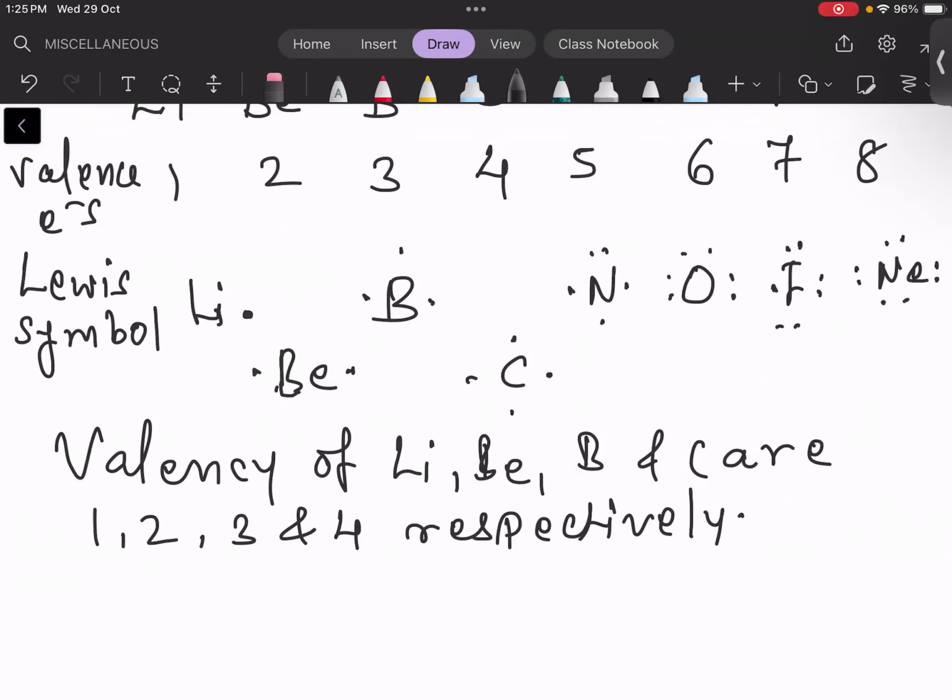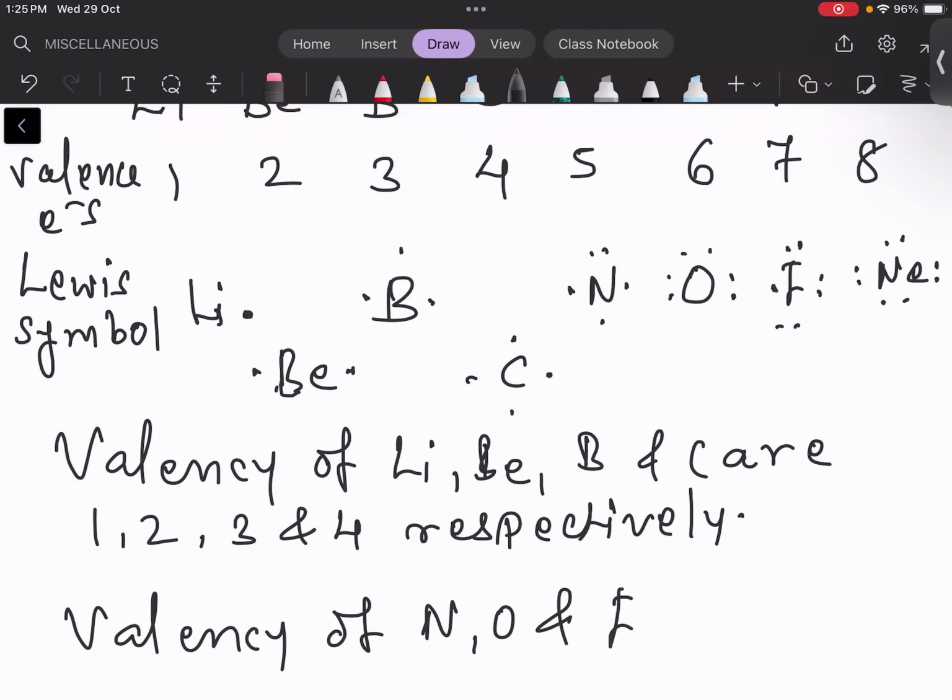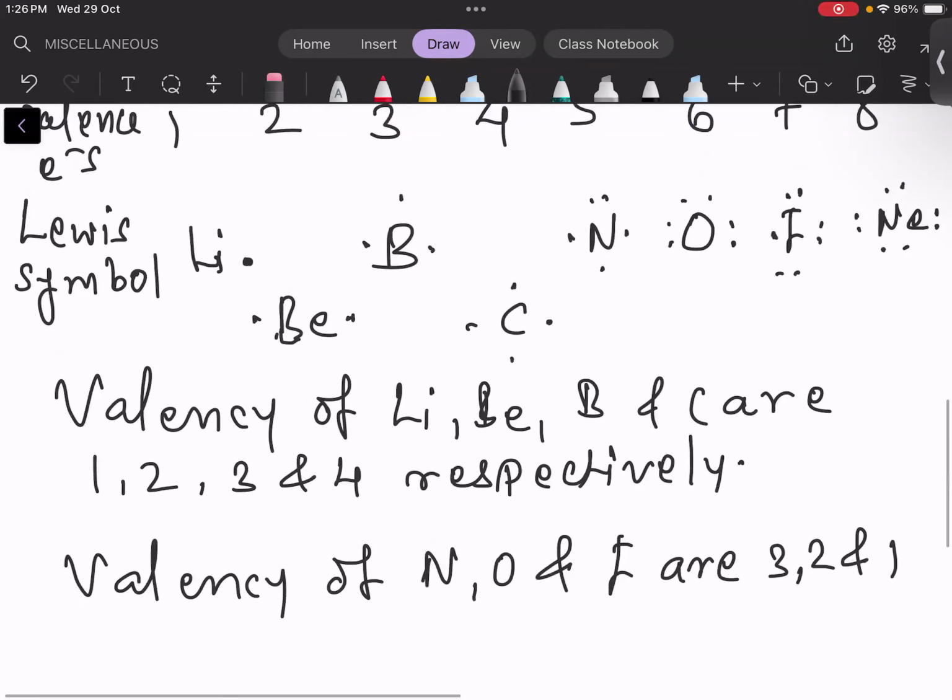On the other hand, valency of nitrogen, oxygen, and fluorine are 3, 2, and 1 respectively.